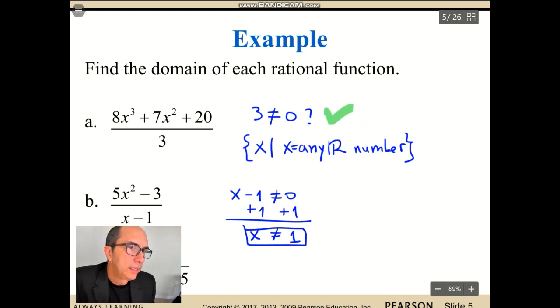That means that the domain in this second example, example letter B, is x such that x is different from 1.